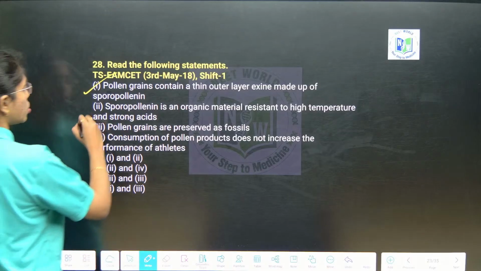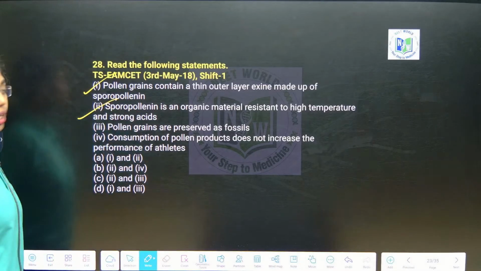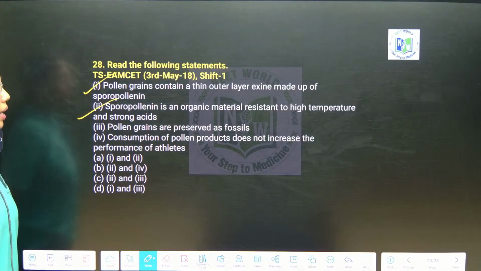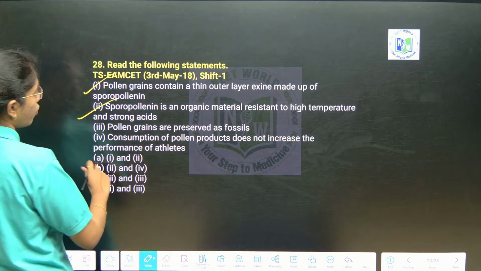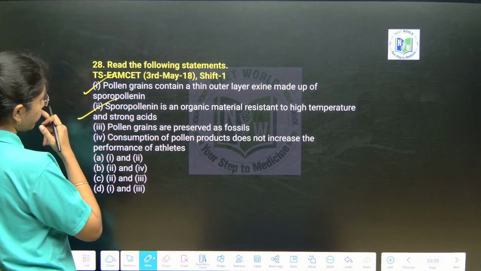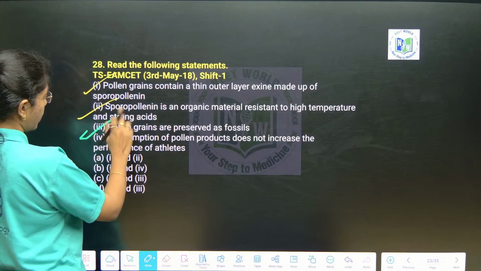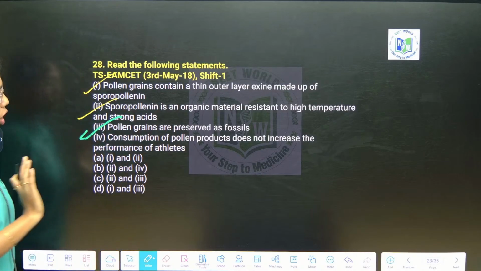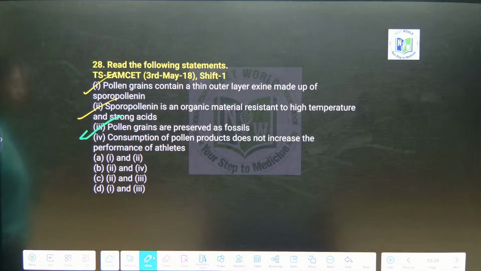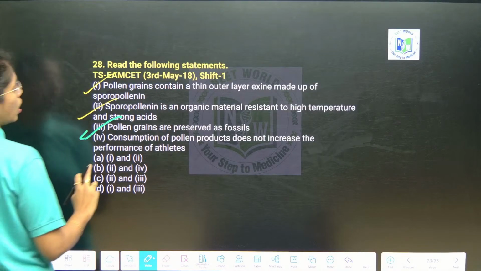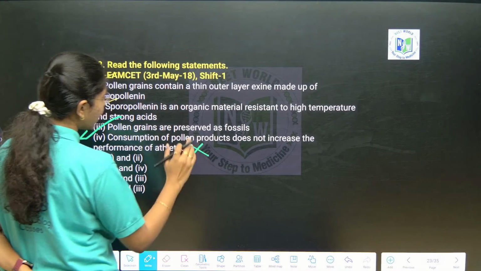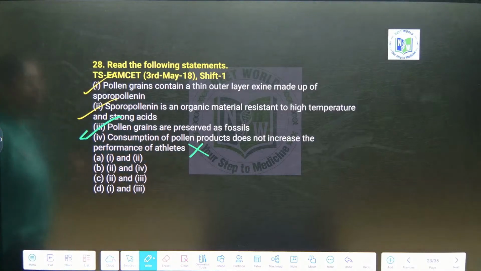Yes. Pollen grains are preserved as fossils. Yes, they are preserved as fossils. Consumption of pollen products does not increase performance. No, they will increase the performance of the athletes.